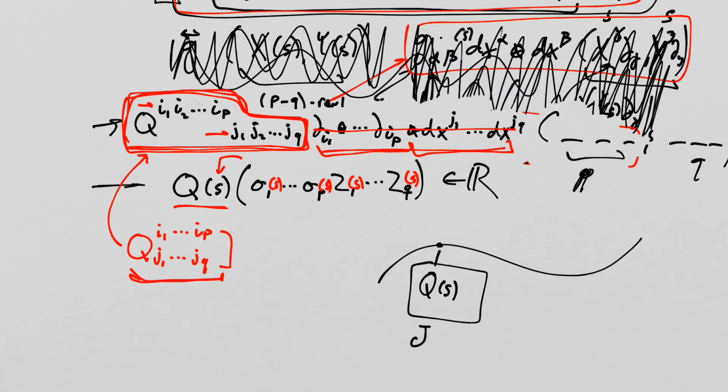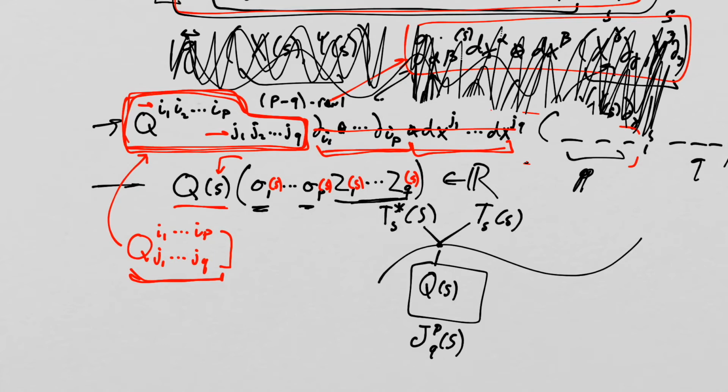I guess that would be T P Q of S. That's the tensor product space. And then these live in the cotangent space of S, and the vectors live in the tangent space at S.